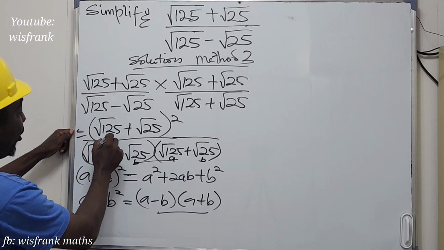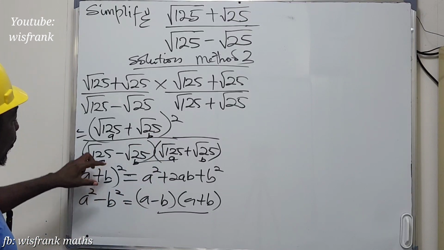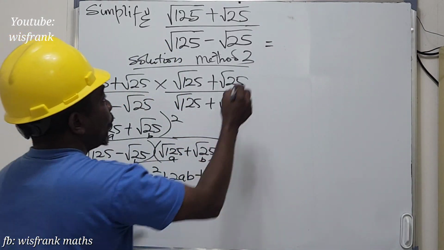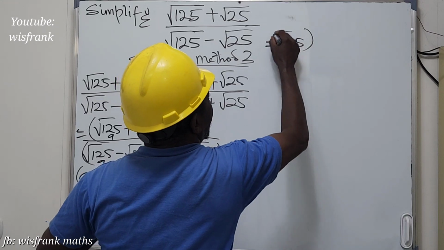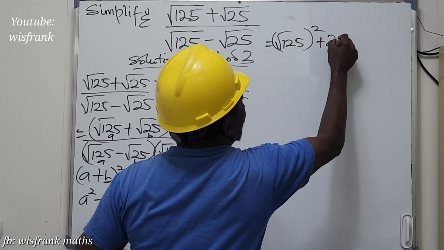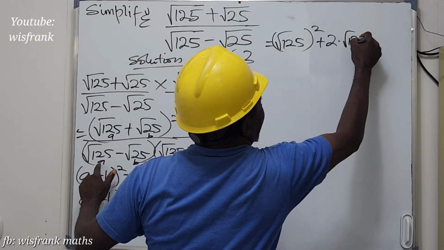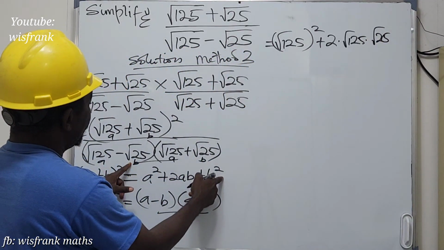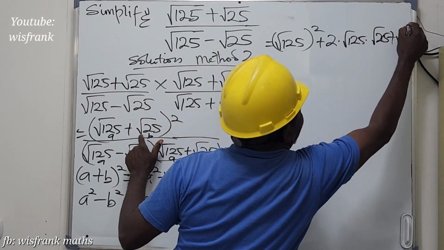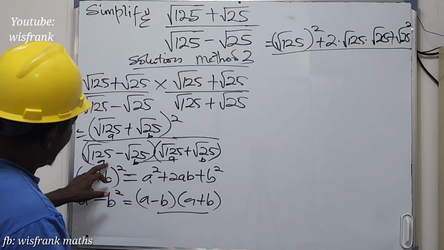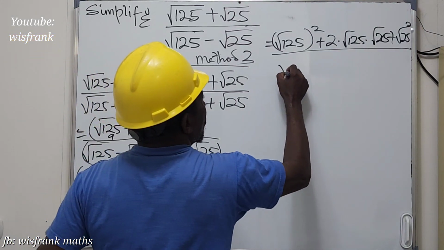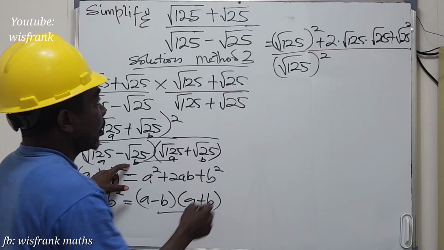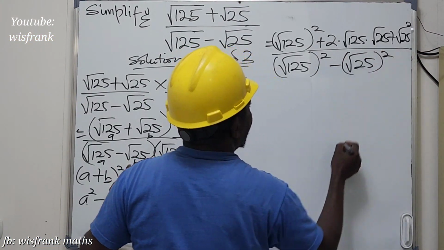For the numerator, we represent it in this format: a to the power of 2 is square root of 125 all to the power of 2, plus 2 times a, our a is root 125, times our b, root 25, plus b to the power of 2, which is root 25 to the power of 2, all over a to the power of 2, which is root 125 to the power of 2, minus b to the power of 2, which is root 25 all to the power of 2. So this is what we have.